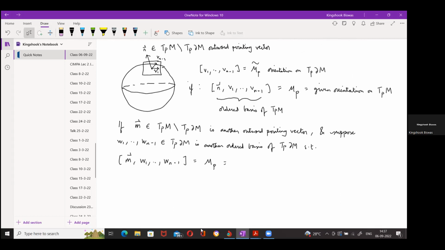Okay, so this is also equal to n, v1 to vn minus 1.